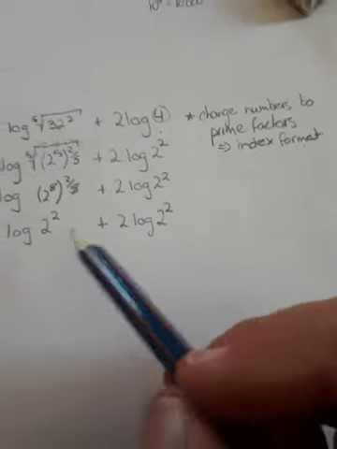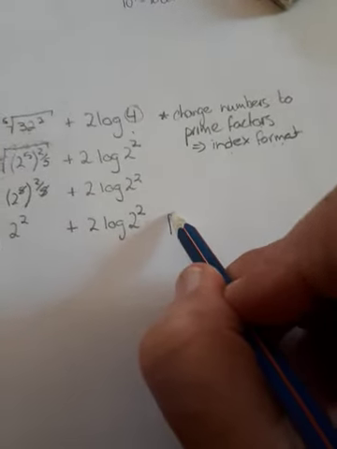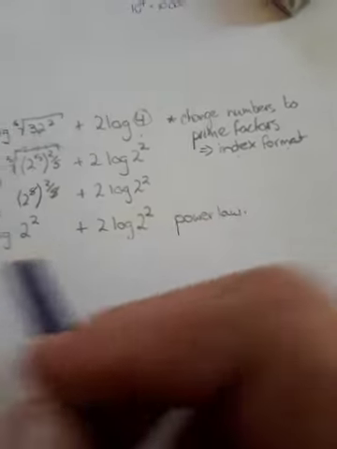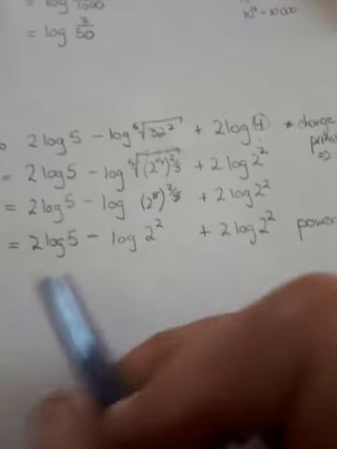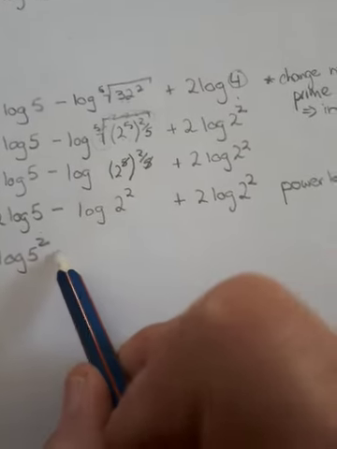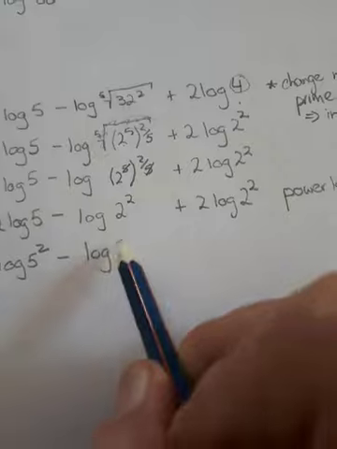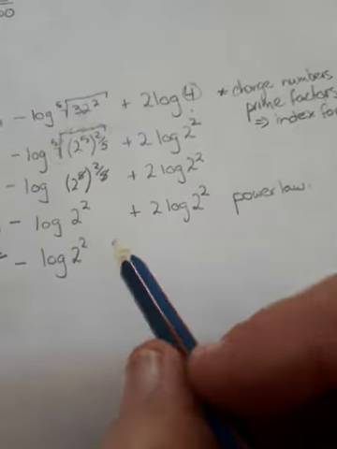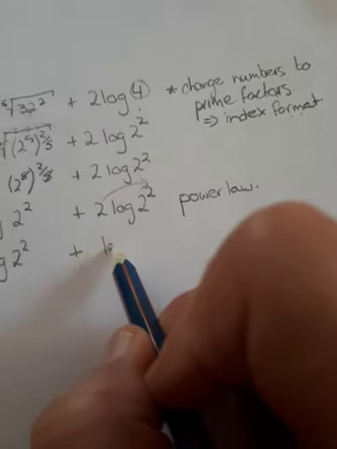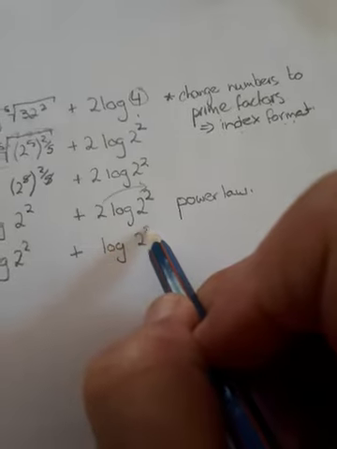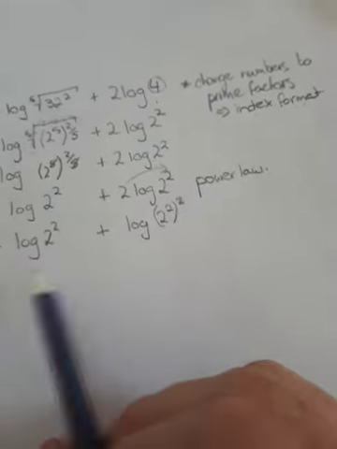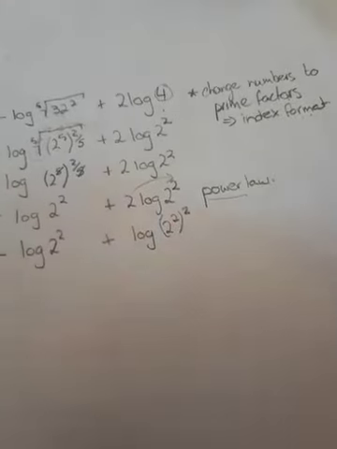And if you look at this now, you should then see that we still got the power law applying, which is 2 log 5 becomes log 5 squared. This is already in a power log, so it remains log 2 squared, plus here we can still have that one, the power log, so that's 2 squared to the power of 2. Now we have applied the power law to everything.